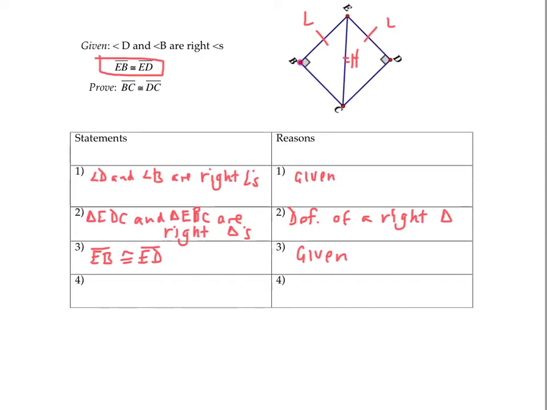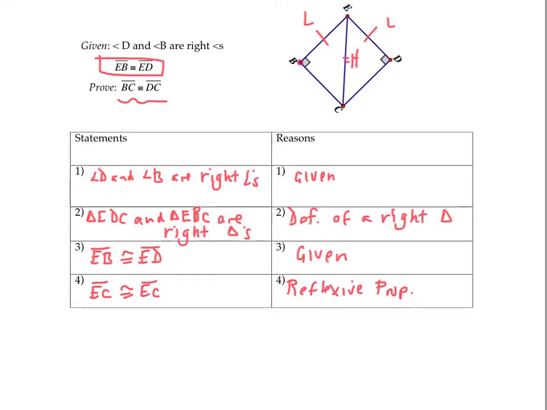Okay, next we need to say that line segment EC is congruent to line segment EC by the reflexive property. Okay, now notice that our proof statement says that we're trying to prove that BC is congruent to DC.